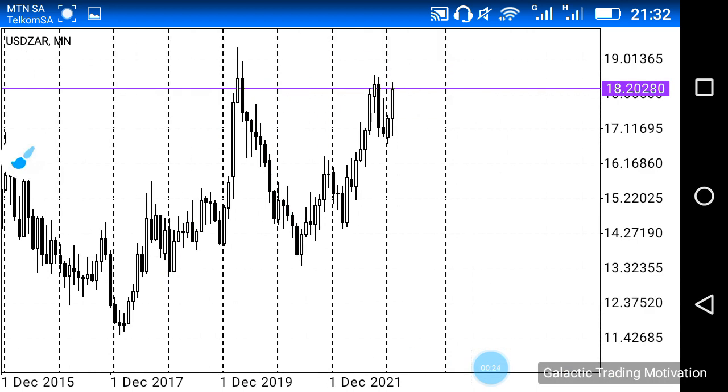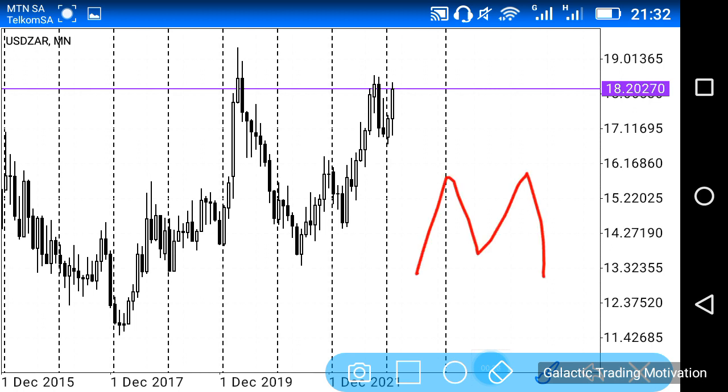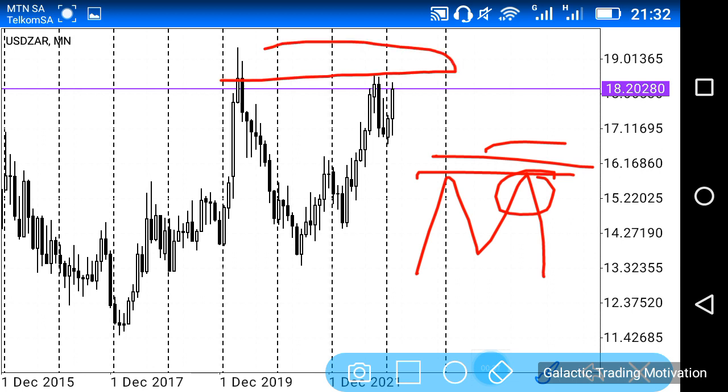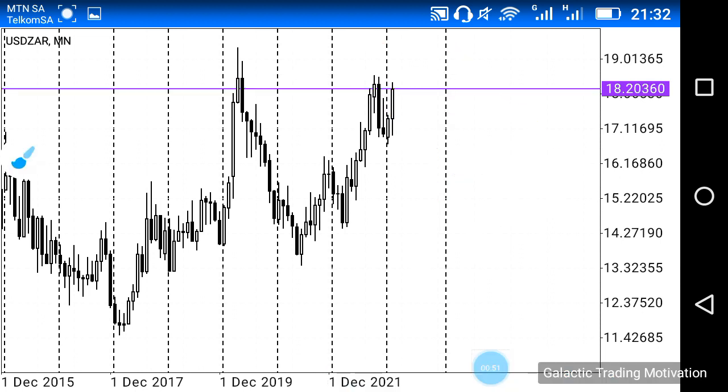By now you guys know that whenever we have these structures, a lot of traders sell on the second leg of that M structure and place their stop losses just above, right? So we have a lot of stop losses sitting in and around that area, and what normally happens is that the market will usually go up to trigger all of those stop losses and then potentially push further down, right?